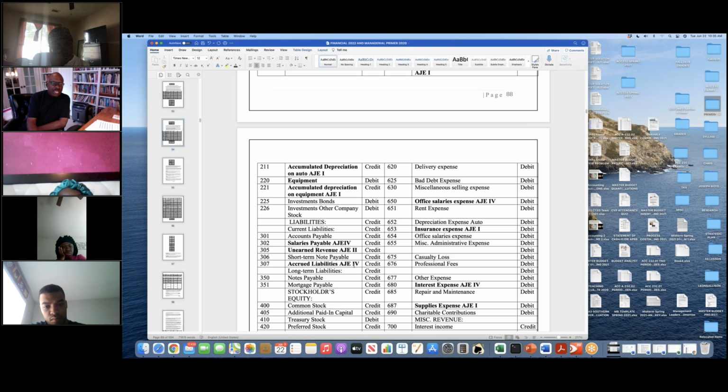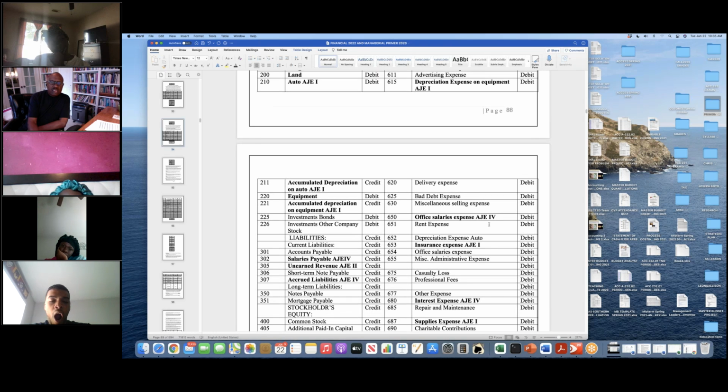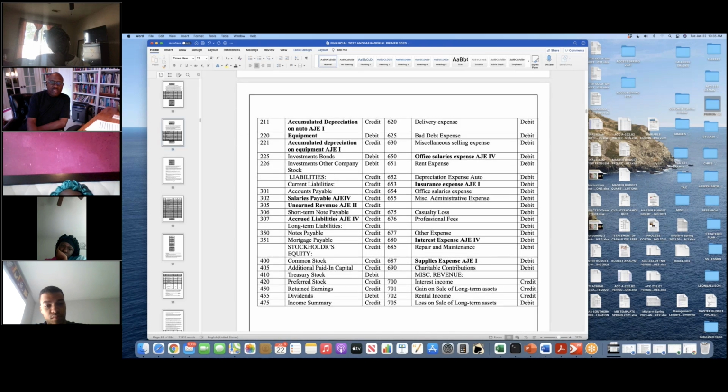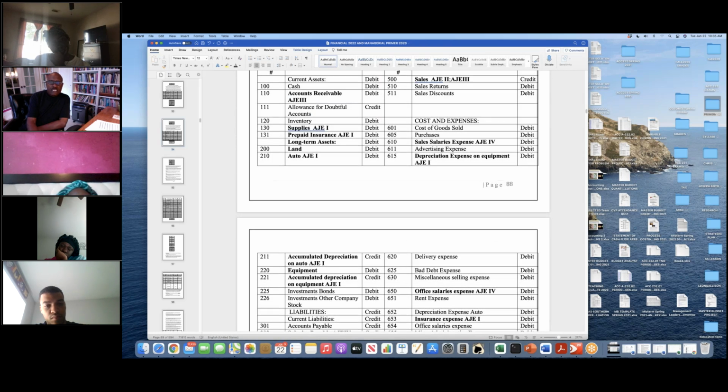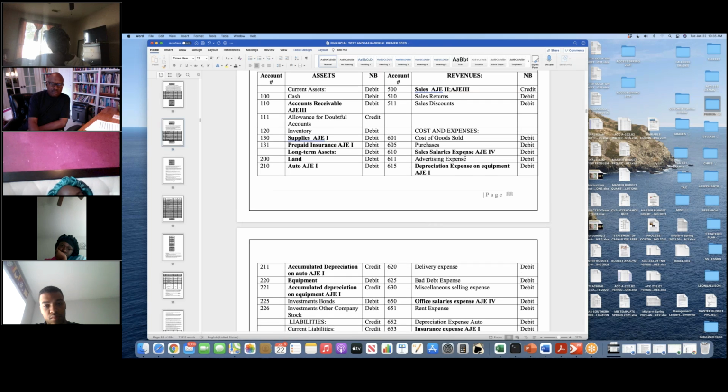It's going to be accrued liabilities. Sometimes it could be salaries payable. Everything else is an accrued liability. But we're going to debit expense. It could be office salary expense, AJE 4. It could be interest expense. It could be sales salary expense.